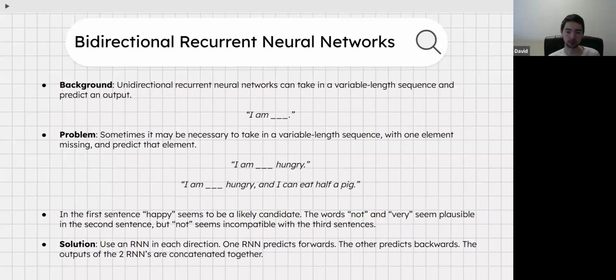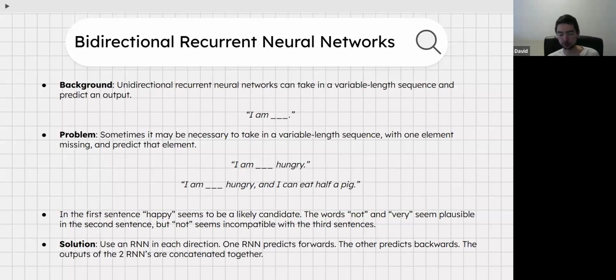If I was to predict only based on before the word, then in the second case, I am blank hungry, someone might predict that the word is I am David hungry, or I am happy hungry, which wouldn't make sense because they're only predicting based on the words before the missing word.